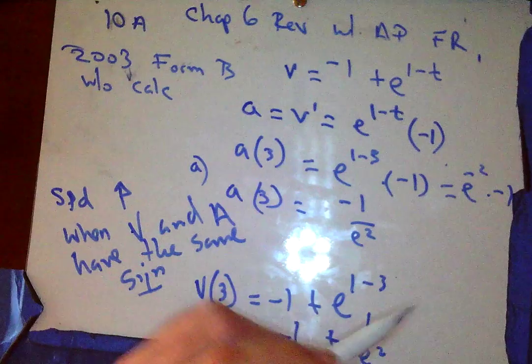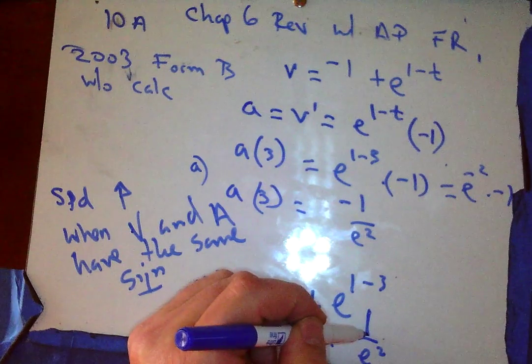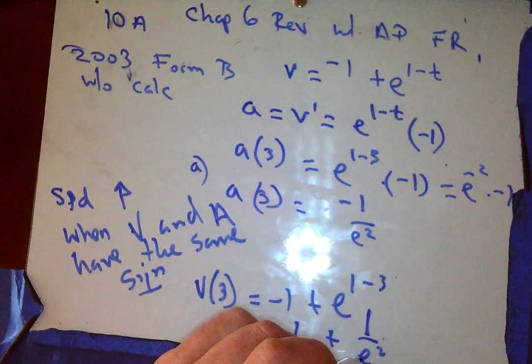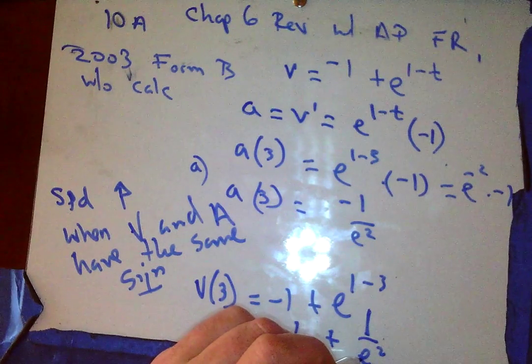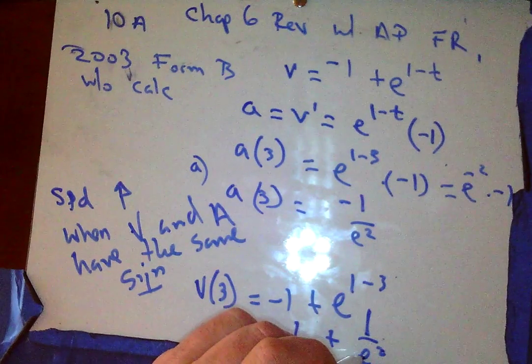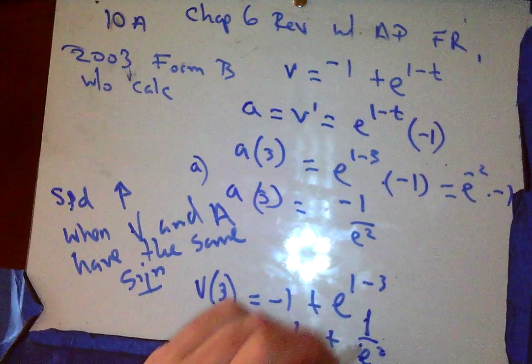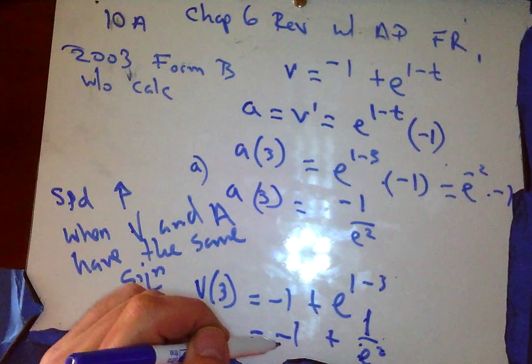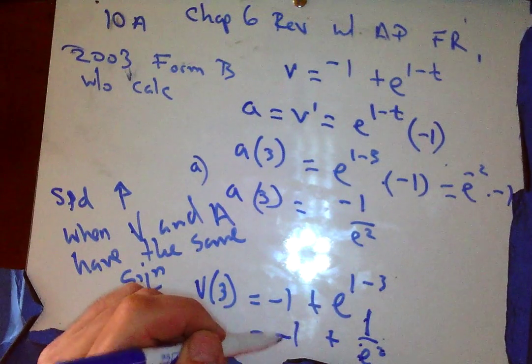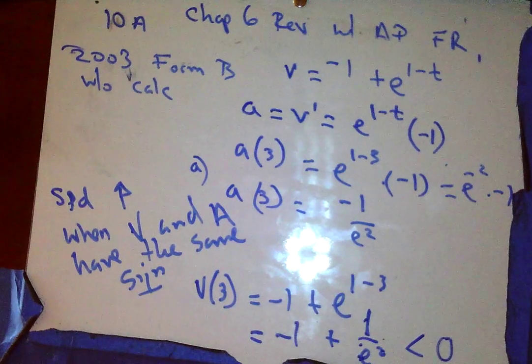But here's what I want to say. This is 1. E is close to 3, 2.71. Close to 3. 3 squared, 9. 1/9. How does 1/9 compare with -1? Yeah, sorry, that's going to be less than 0.